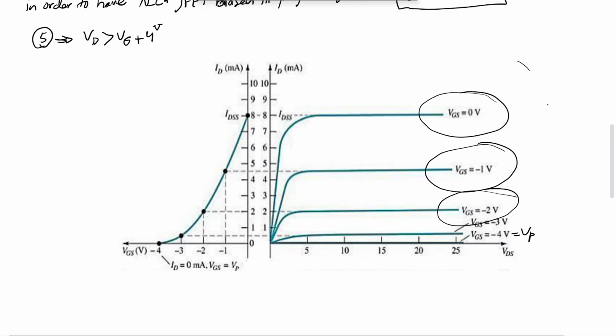And then finally, when VGS gets to -4, which is pinch off, then we can see that the current of drain, or IDS, of the N-channel JFET transistor, gets to 0. So at -4 VGS, we get to 0 milliamp for the current.